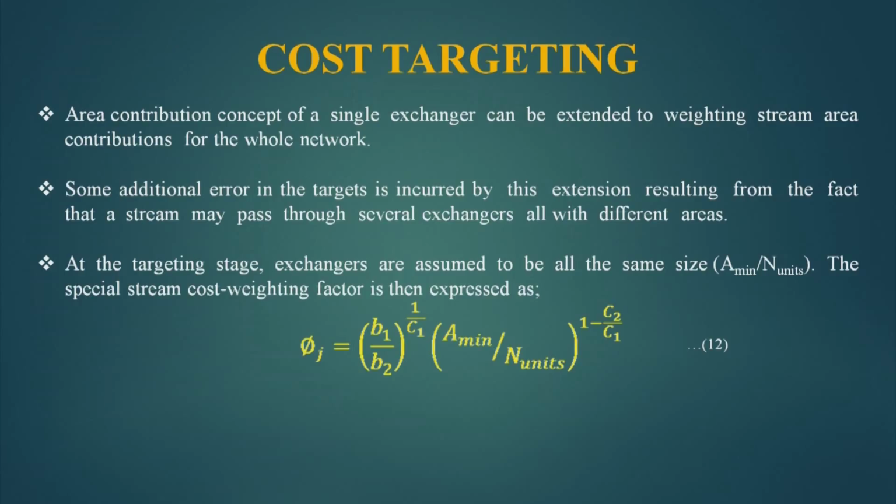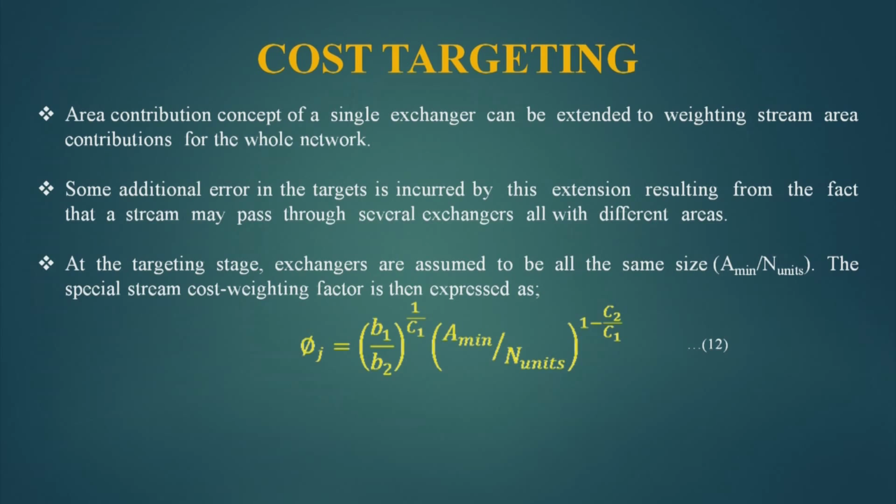So, this calculates an average area, which is not true in the heat exchanger network, because all the heat exchangers present in the network will have somewhat different areas, and here we are assuming that they have the same area, because the cost equations which we have used are valid for a narrow range of area and do not cover the whole area range, and if we apply this for varied areas, then there will be error incurred.